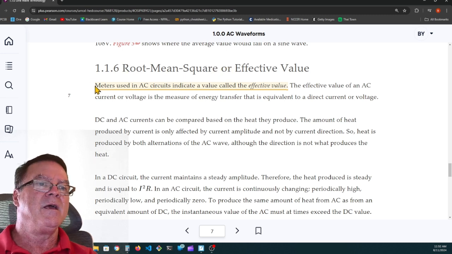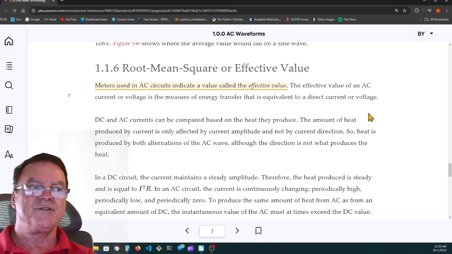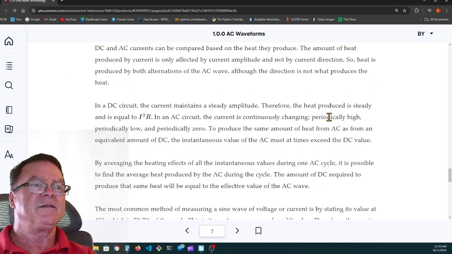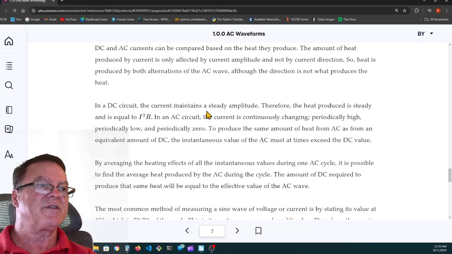Okay. So meters used in AC circuits indicate a value called the effective value. The effective value of an AC current or voltage is the measure of energy transfer that is equivalent to a direct current or voltage. That's why it's effective. In a DC circuit, the current maintains a steady amplitude.